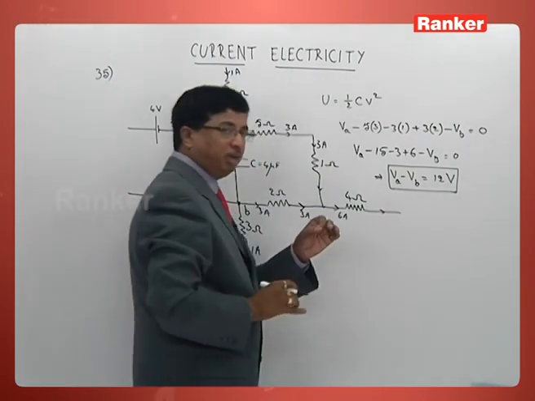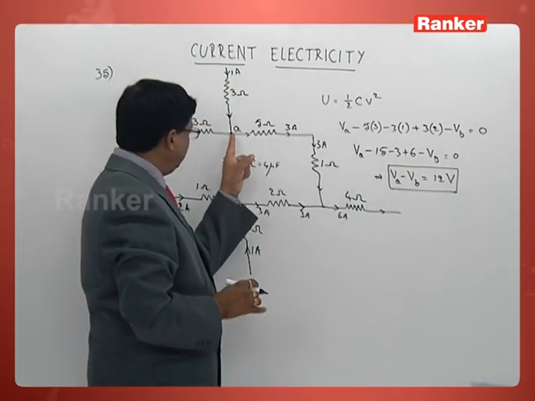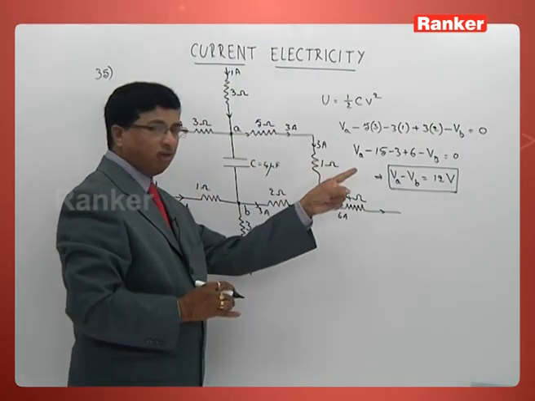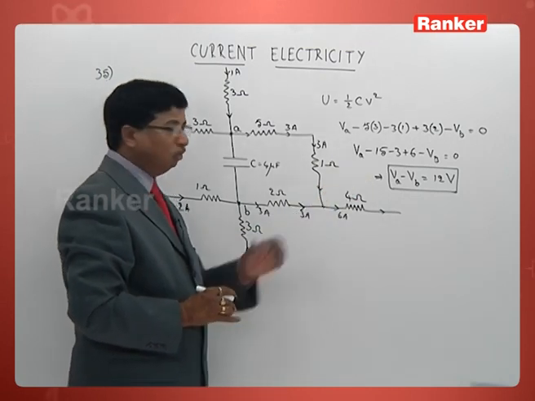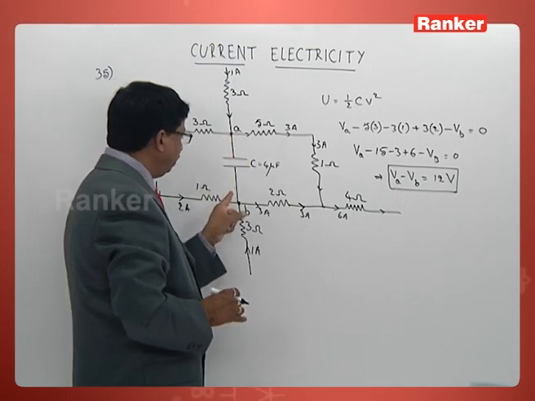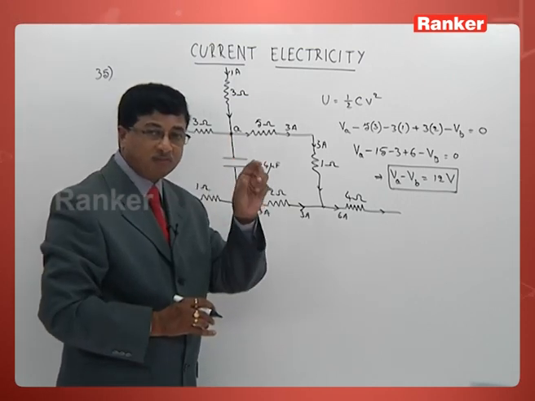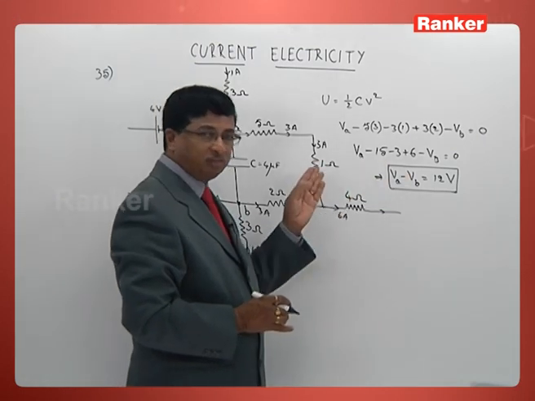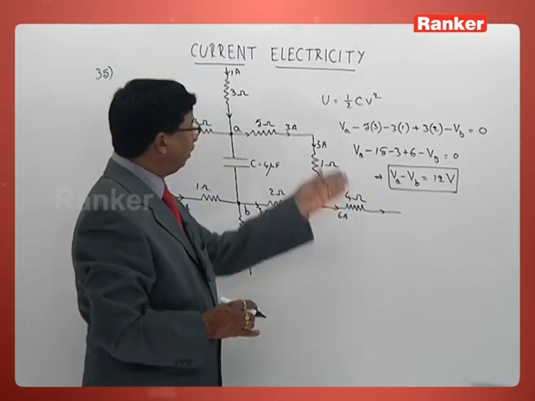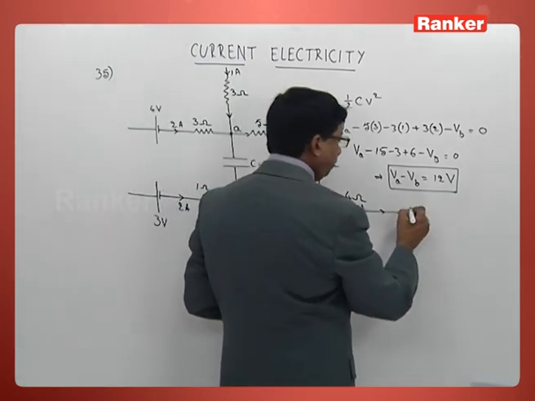Observe this wording carefully. VA minus VB is 12 volt, I said. That means what? You can understand that is the potential difference across the plates of the capacitor. This itself is the PD across the capacitor plates. So what will now be the energy part of it?